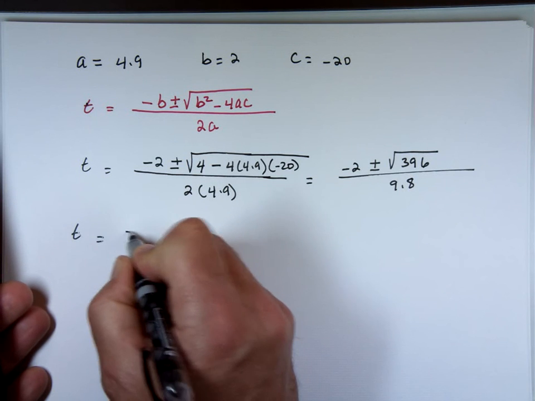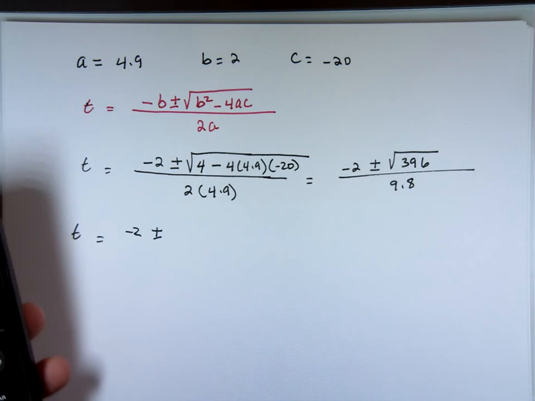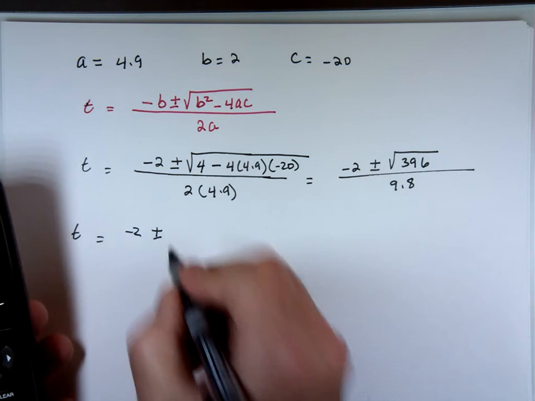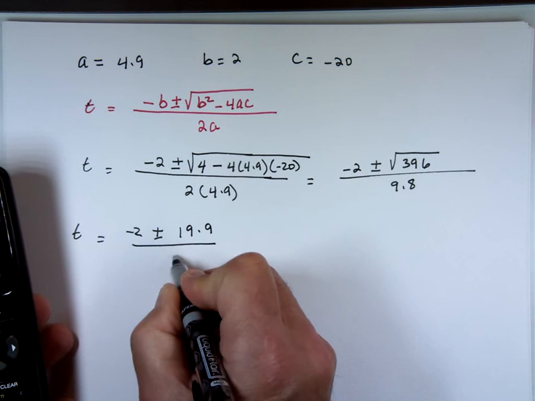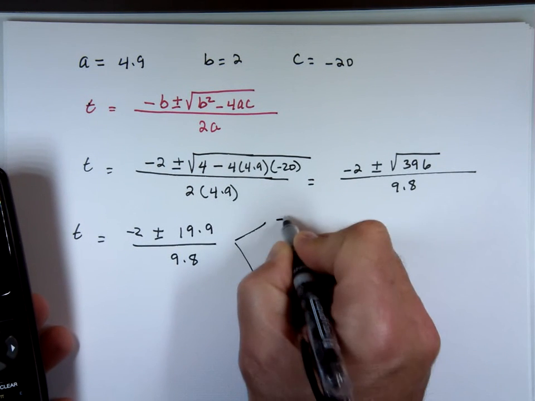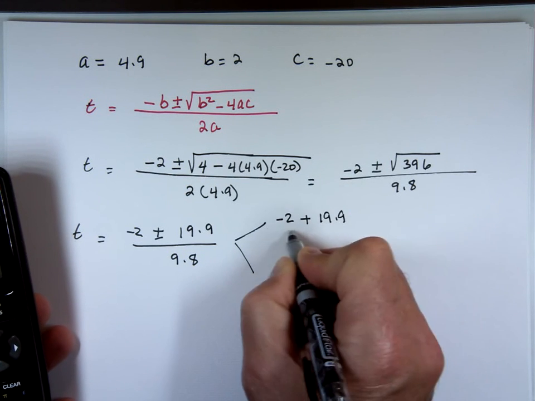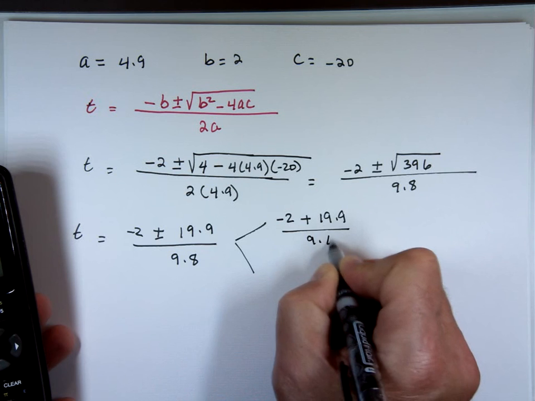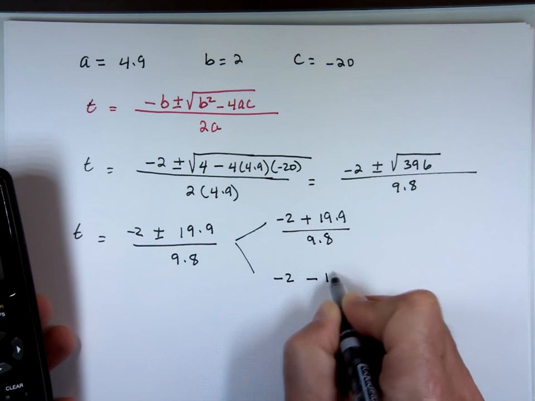Which is 19.9 roughly, divided by 9.8. We have two solutions. Minus 2 plus 19.9 divided by 9.8, and the other one, minus 2 minus 19.9 divided by 9.8.